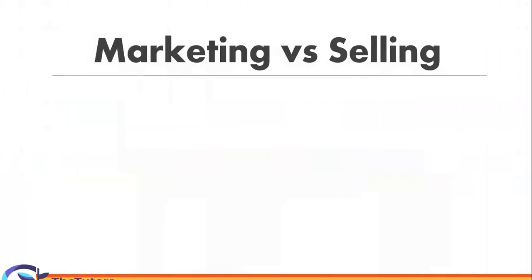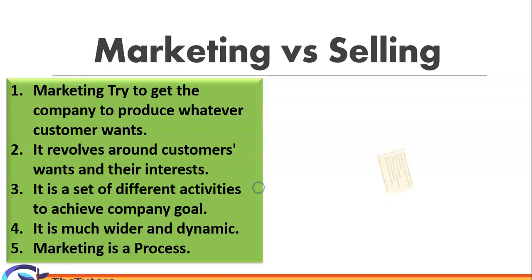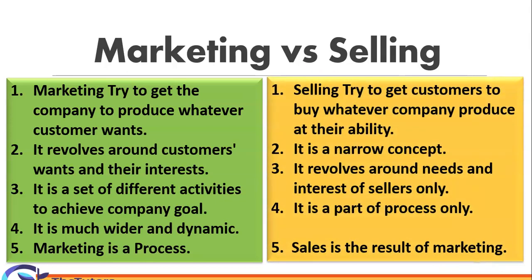Okay, now let's see what the basic difference between marketing and selling is. Let's begin with that. As you can see, I have sorted only five points. Actually, there are many, but I tried to make them very simplified for you. On the green side, on your left, is marketing, as the heading says, and on the right side is selling. This yellow shade is your selling area.